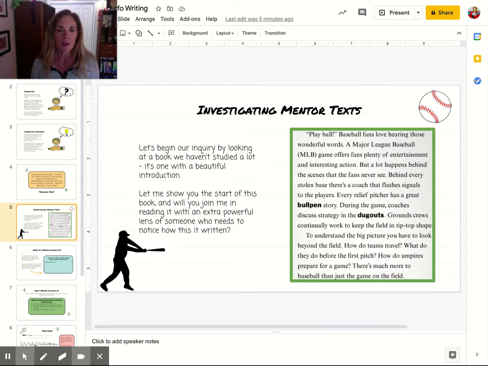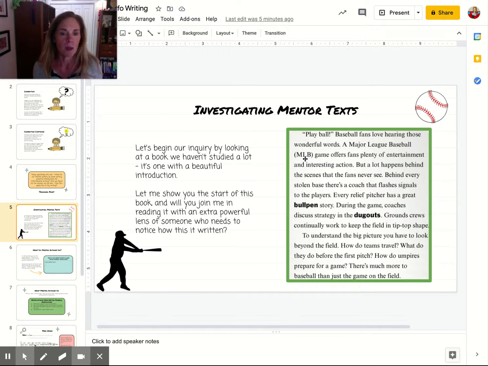Play ball! Baseball fans love hearing those words. A Major League Baseball game, MLB, offers fans plenty of entertainment and interesting action. But a lot happens behind the scenes that fans never see. Behind every stolen base, there's a coach that flashes signals to the players. Every relief pitcher has a great bullpen story.